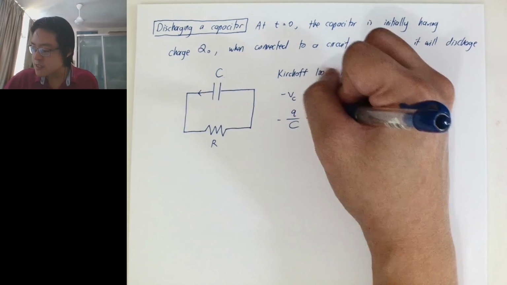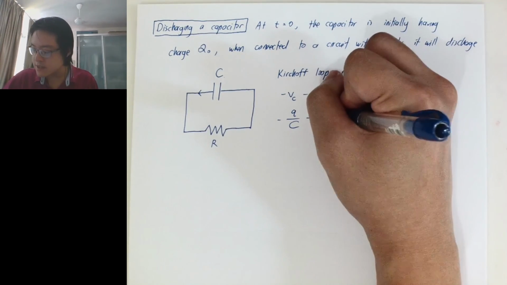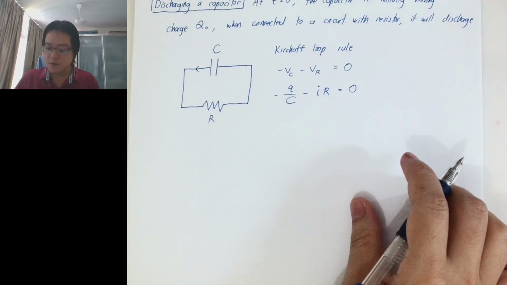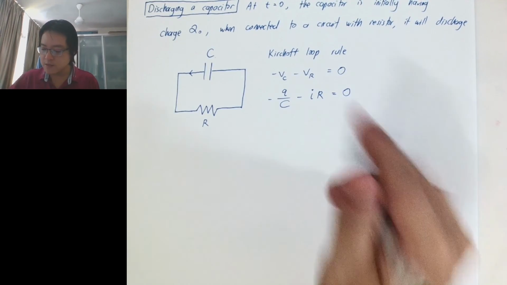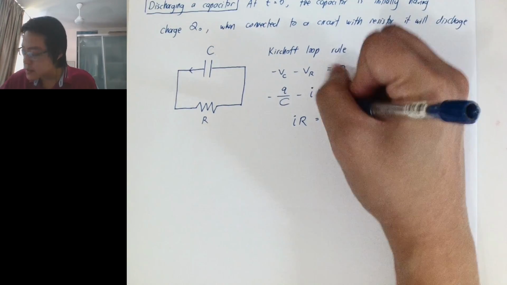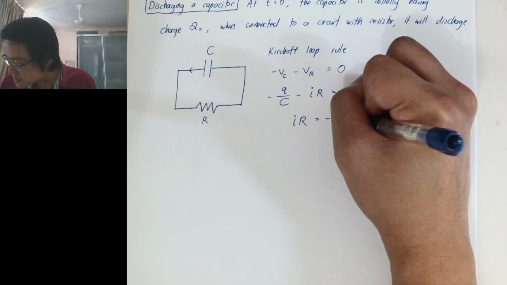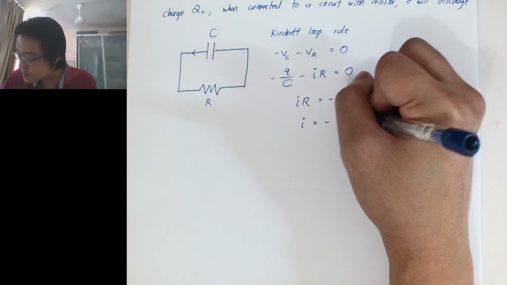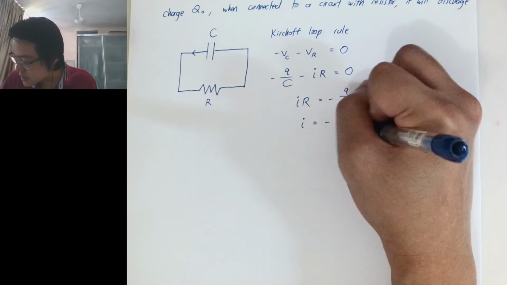What about the resistor? It is the current, right? So it's the current I, R, and then this is equal to 0. So let us rearrange this. IR is equal to minus Q over C. I will bring R to one side, so I equals minus Q over RC.